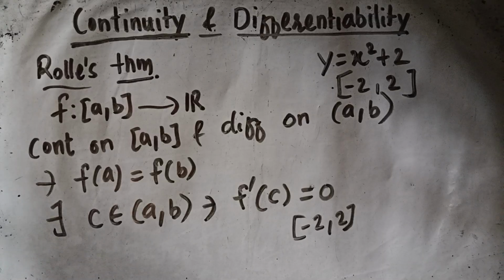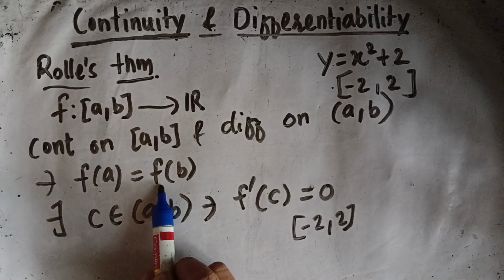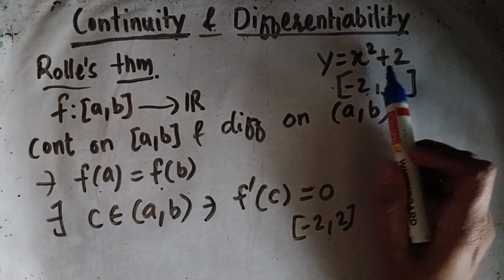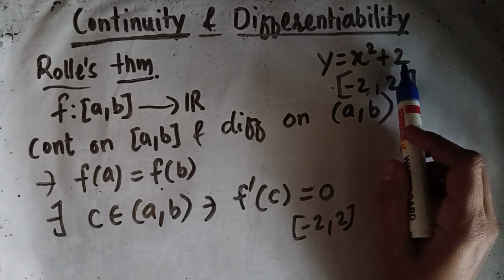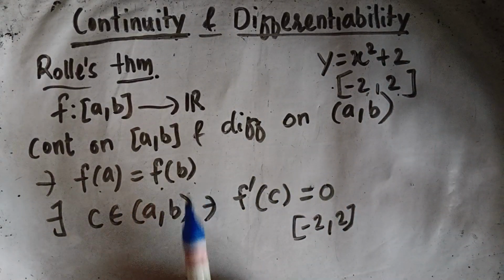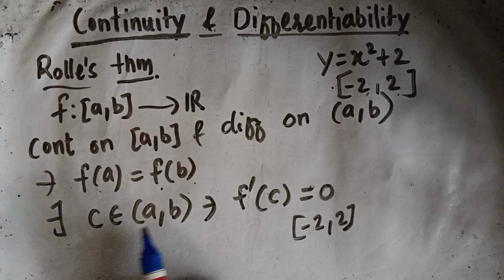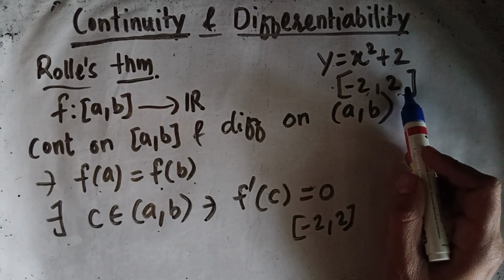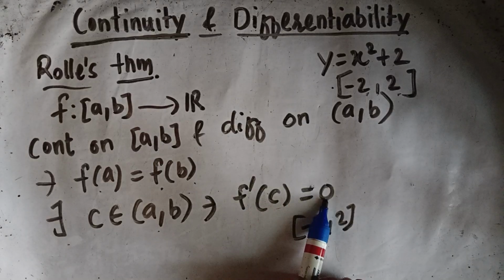Then we have to check for f of a and f of b. So f of -2 is 4 plus 2, 6. And f of 2 is also 6. So both are equal. So there exists a c belonging to the open interval (-2, 2) such that f dash of c is 0.